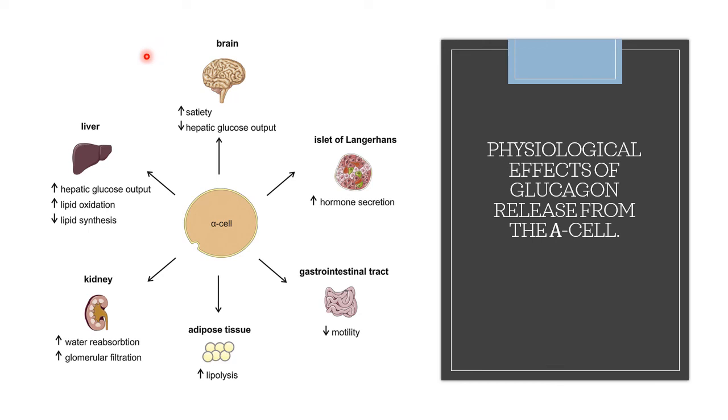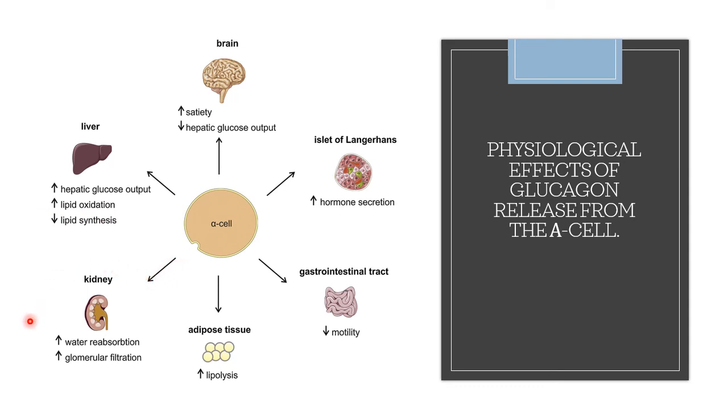We have here another diagram showing the organ-specific function or effects of glucagon. So we have here in the brain, it increases satiety and decreases the hepatic glucose output. In the liver, again, it increases the hepatic glucose output. It increases the oxidation of lipids and it decreases the lipid synthesis.